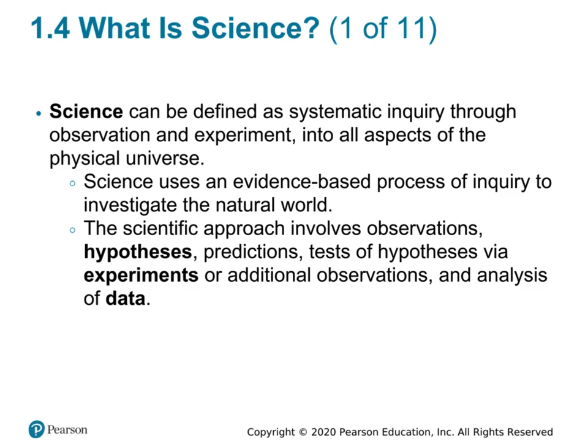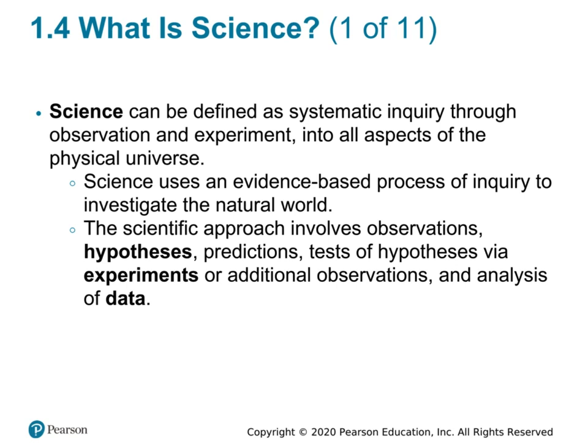So when we're talking about science, we're talking about something that is organized, that is systematic, that asks questions, that observes, that forms experiments. And all of these aspects are to really help us utilize science to understand our physical universe. So science is definitely evidence-based, and science changes if new information becomes available.